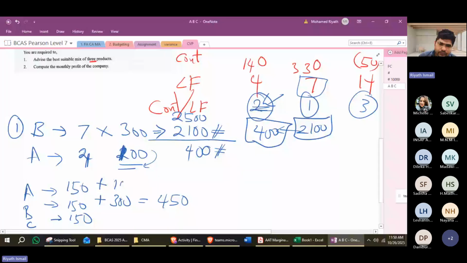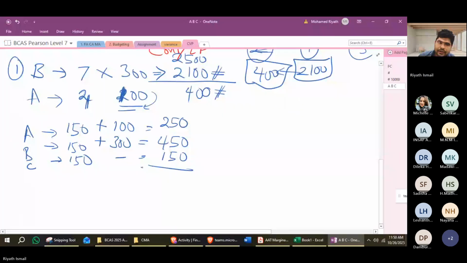Then they can produce 250. And C cannot be produced additionally, so 150. Altogether, this is the product mix: A 250, B 450, C 150. Right, is it clear? Clear? Okay, right, fine.